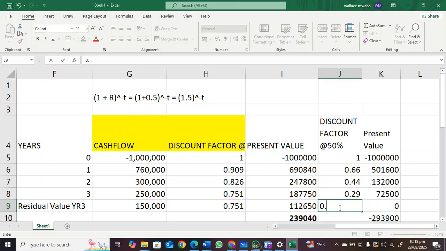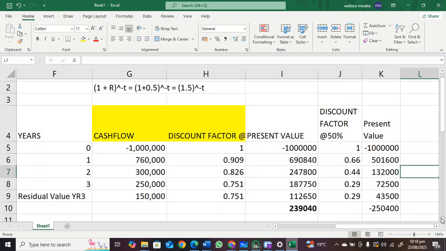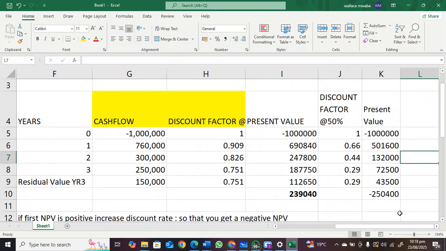Here we also use 0.29 for the residual value. Yes, we get a negative net present value.